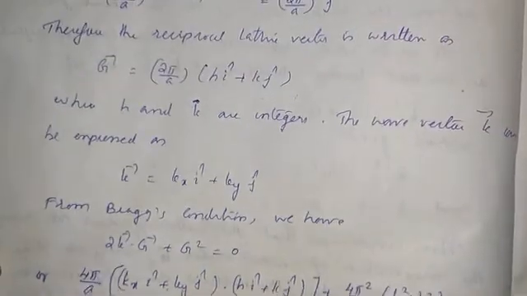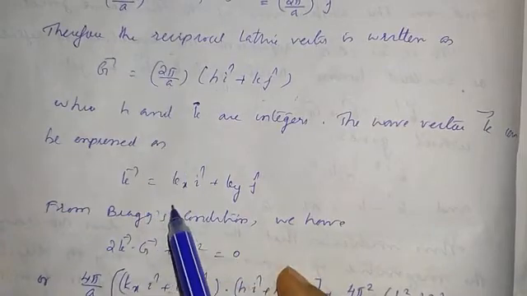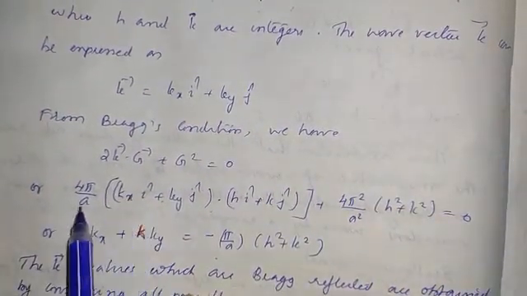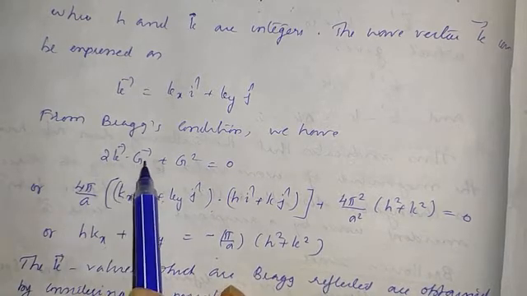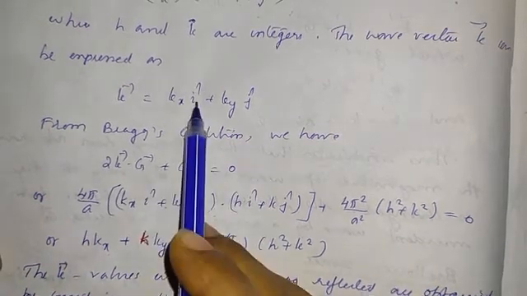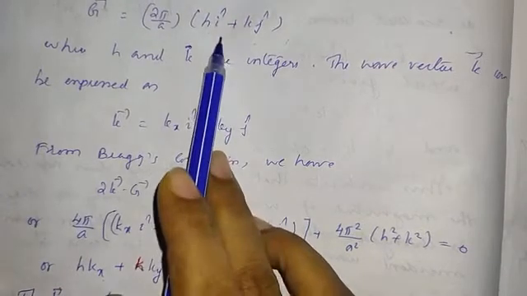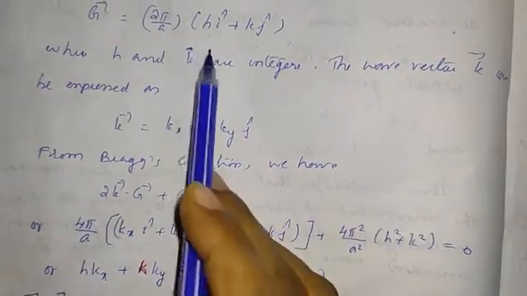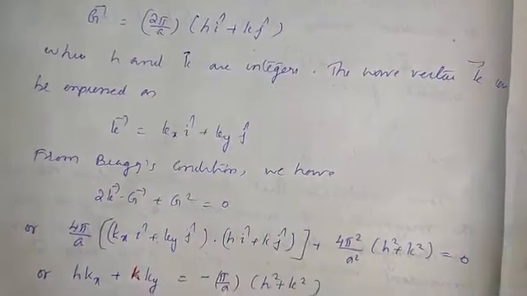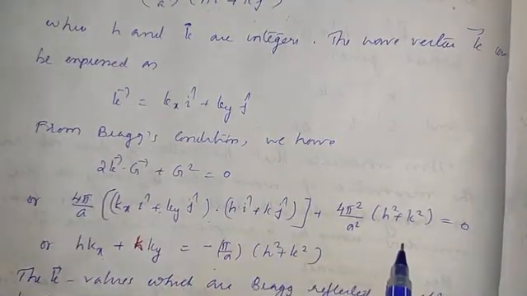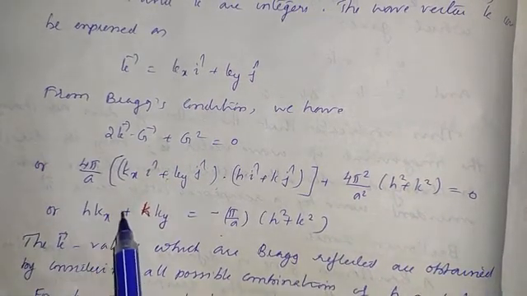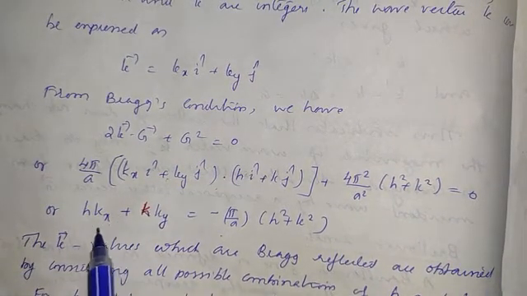So using these two vectors, G and k, the Bragg condition can be written as 2 times k dot G plus G square, where G square means this vector squared.